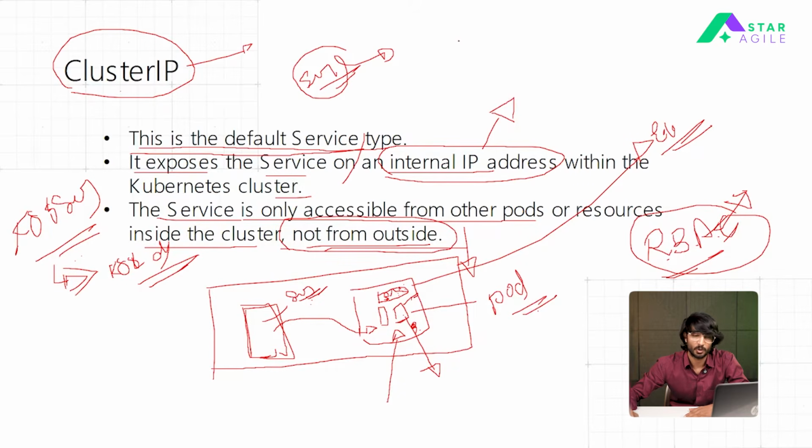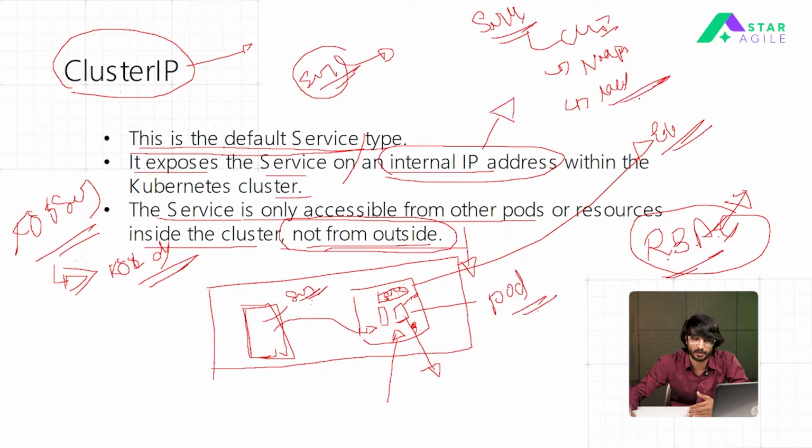Yes. So in service, we got 3 types: ClusterIP, another one is NodePort, and the next one is LoadBalancer. I will discuss them one by one, but this ClusterIP doesn't have the capability to expose your application to the outside world, right? What do you mean by that? We'll try to understand that.